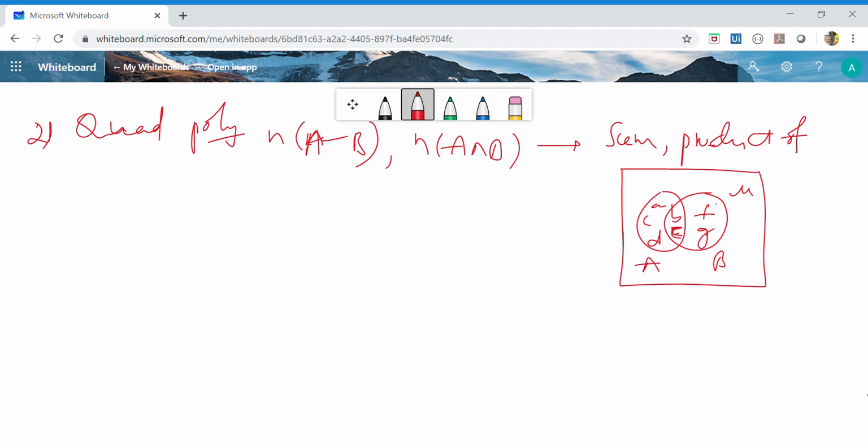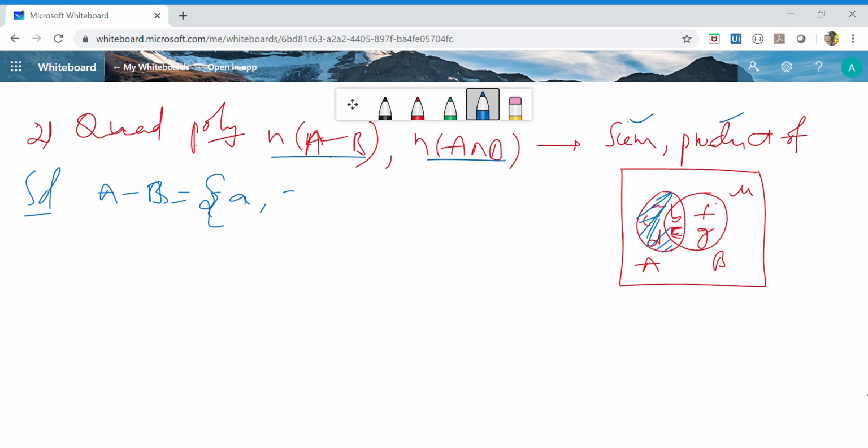So what you have to find out, what you have to write the solution. So quadratic polynomial you have to prepare with what? N of A minus B and N of A intersection B as a sum and product. So you have to find out A minus B. So A minus B is equal to what you will get, A minus B as A, C, D. This only A part.